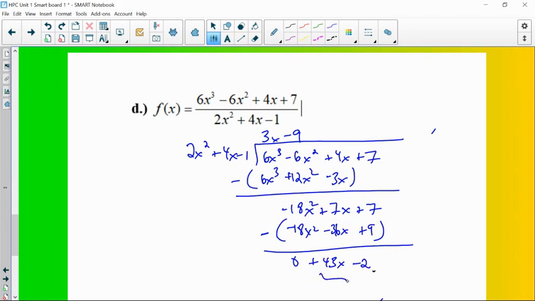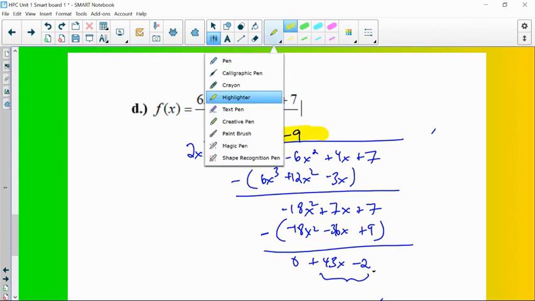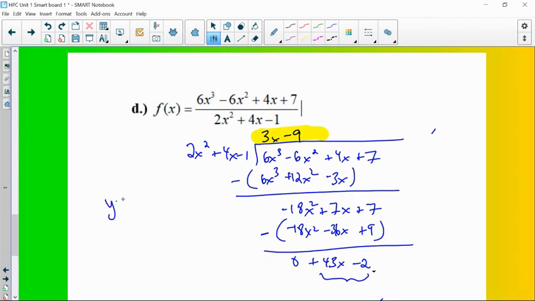And so again, this is the remainder, but the actual equation of the oblique asymptote is 3x minus 9. So my equation, y equals 3x minus 9, is the correct answer for the oblique asymptote.